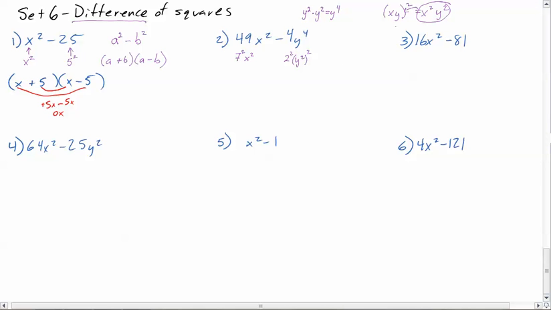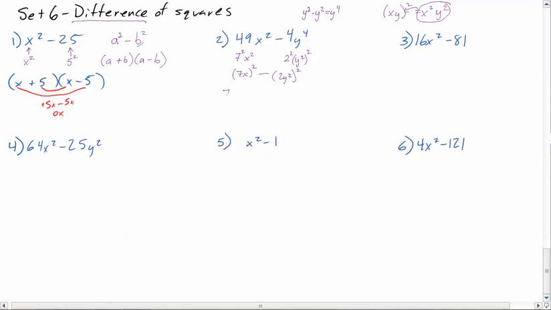So let's do it. We'll go back and we'll write it as 7x squared. And then I've still got that minus. And then this is 2y squared. And so now I have this situation where I have a squared minus b squared.